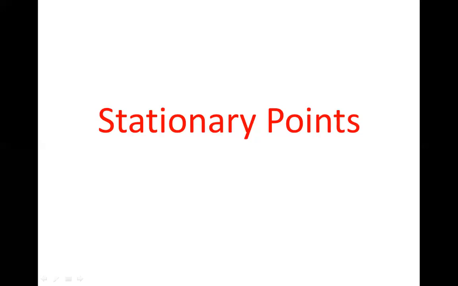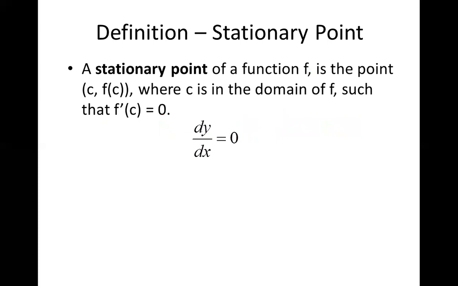Stationary points. Definition: a stationary point of function f is a point c, where c is in the domain of the function, such that f derivative of c is 0.